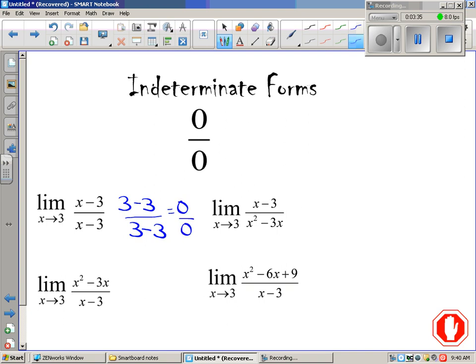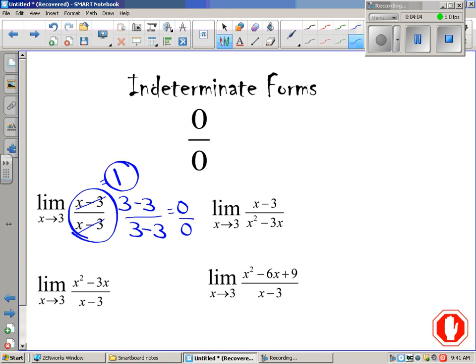Well, if you get 0 over 0, what that really means is that something can be simplified. And if not, then there's another approach, and you won't learn that until you get into calculus. But for right now, it means that it's going to simplify. Looking back at this fraction, x minus 3 over x minus 3, what can that simplify to be? Those both cancel each other out, and it equals 1. So plug 3 in. Well, there's no x, so therefore my answer is 1.